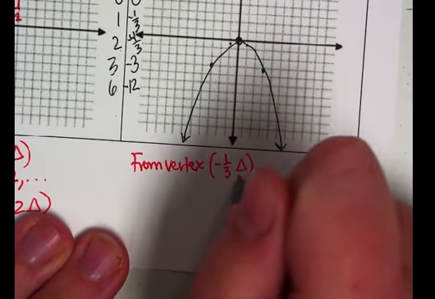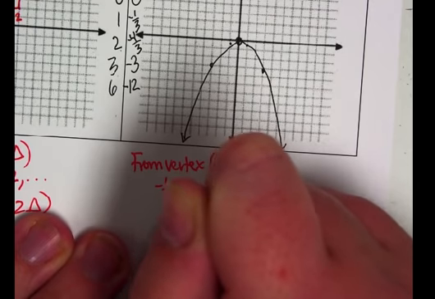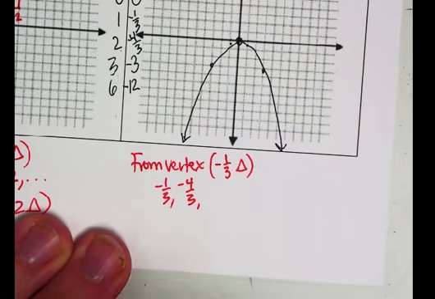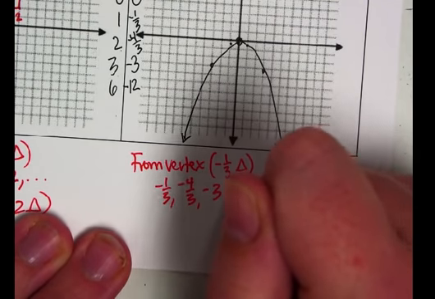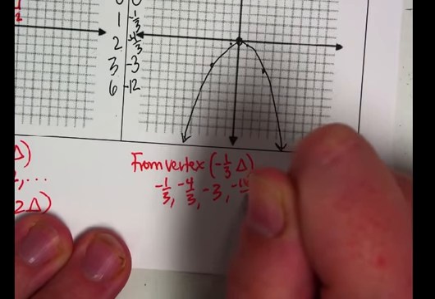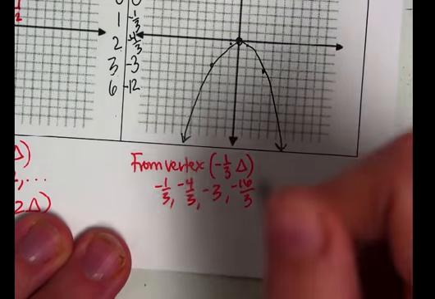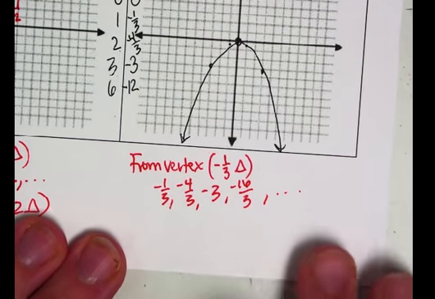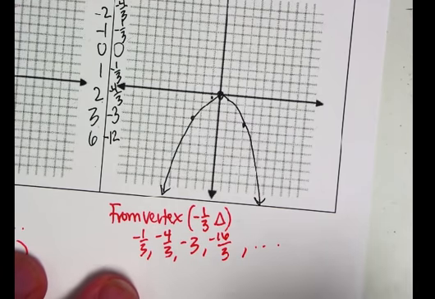So 1 times negative 1/3 is negative 1/3. We've got negative 4/3. Negative 9/3 is negative 3. Negative 16/3. Negative 25/3. Negative 12, and so forth. So that pattern continues. How we see that on the graph.